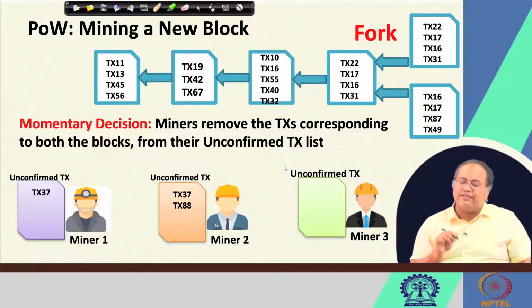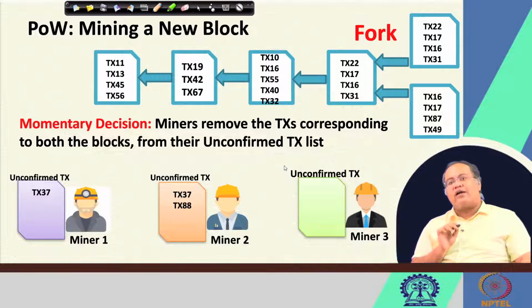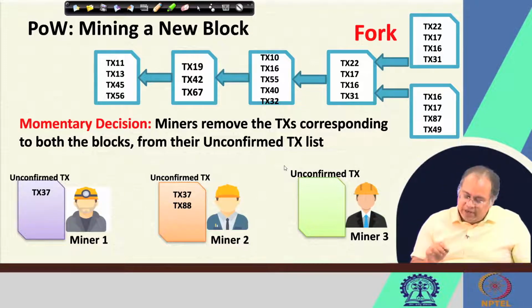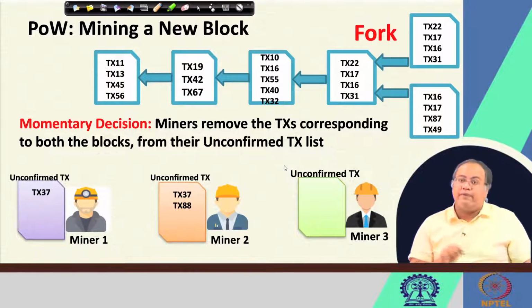But here the miner sees that there are two blocks which have got added in the blockchain. Whenever the miners observe this, momentarily they remove the transactions which are part of both the blocks. But remember that is a momentary decision, and then they start mining the next block.